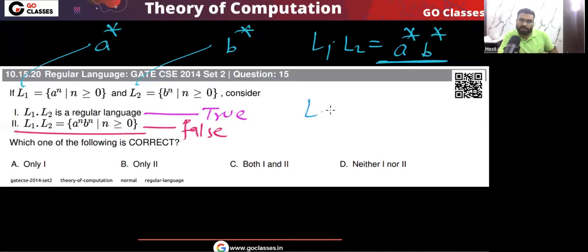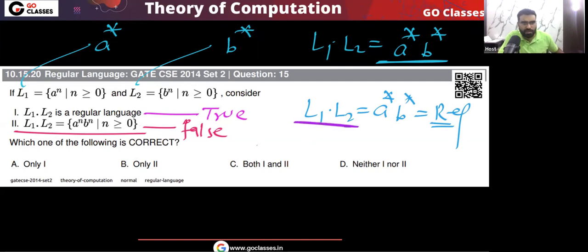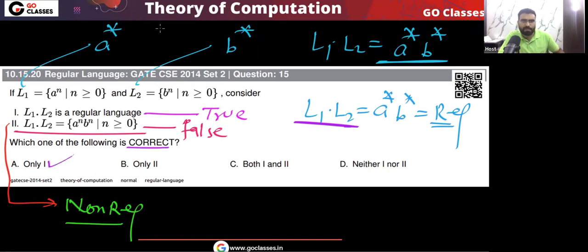L1 dot L2 will be regular because L1 is regular, L2 is regular, so their concatenation will be regular. But option 2 is actually non-regular. Yes or no? Is this clear? So very simple, this is non-regular, so definitely this is false. And which statement is correct? Answer will be option A.